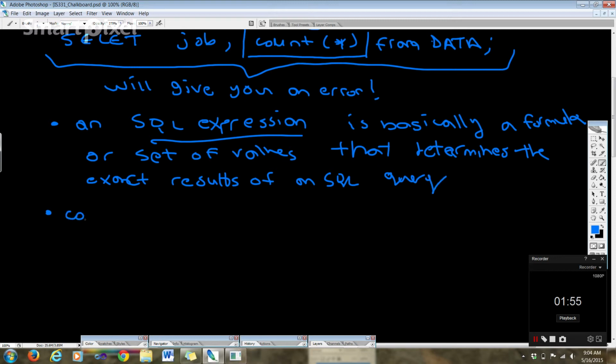Now we have the concatenation operator. And remember, we're focusing on Oracle implementation, so that's going to be your double bar. Oops, that was supposed to be an underline, not a cross out.